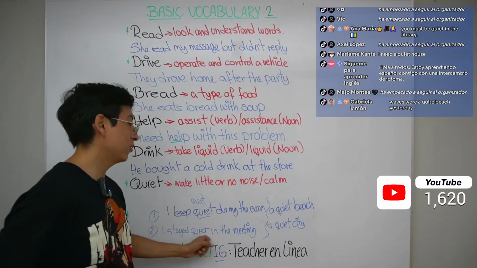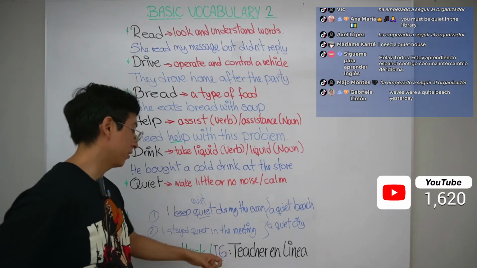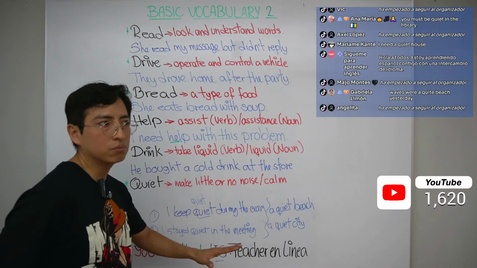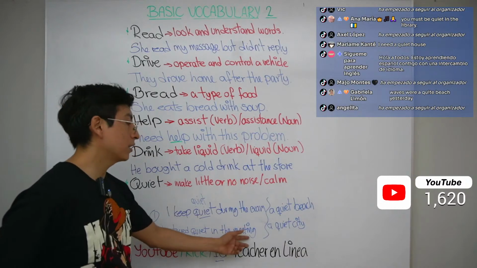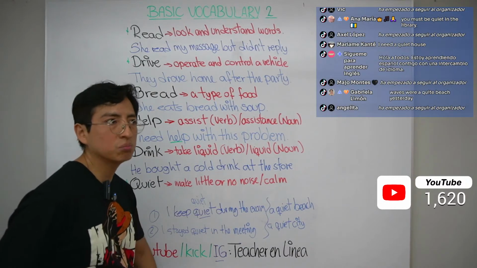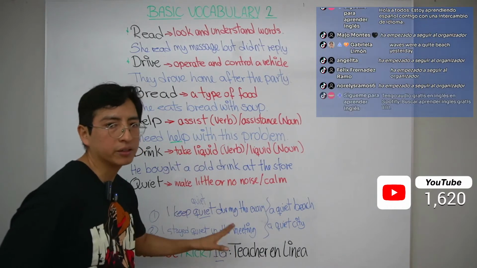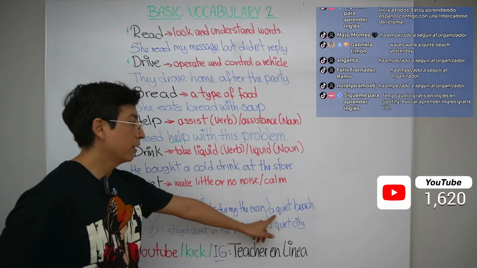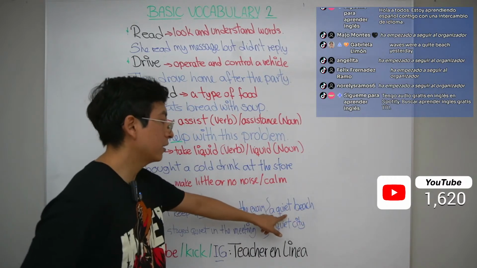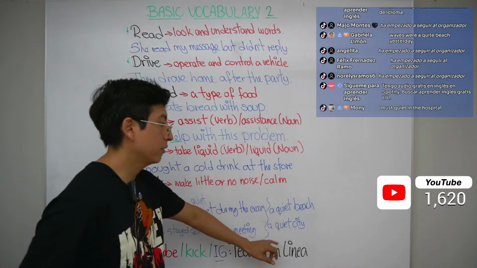I stayed quiet in the meeting o during the meeting, ¿no? Yo estuve en silencio durante la reunión. No hablé, no dije nada, no participé. I stayed quiet, nada más. Quiet beach, esta es una playa bastante tranquila, calmada.